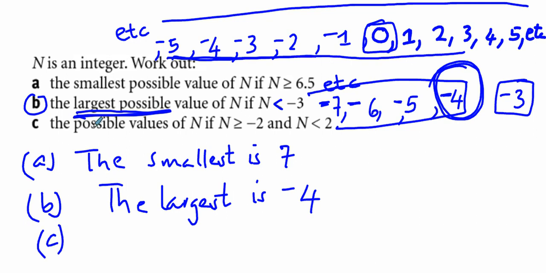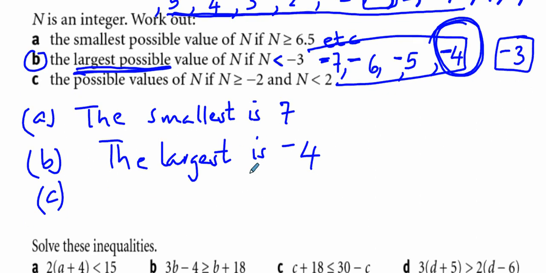C. Work out the possible values of n if n is bigger than -2, this n, which is our integer. At the same time, it should be less than 2.